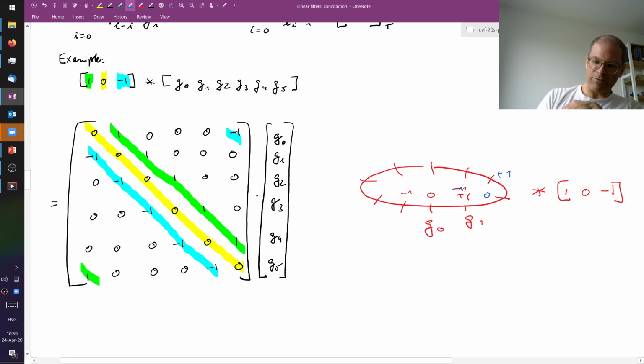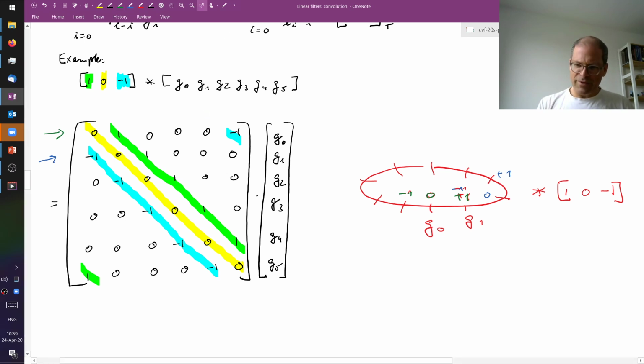That would be the second row of the matrix. And again, using a different color, putting my convolution filter here, would be that row of the matrix.